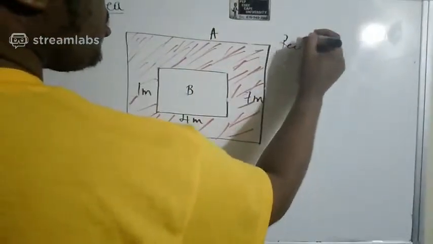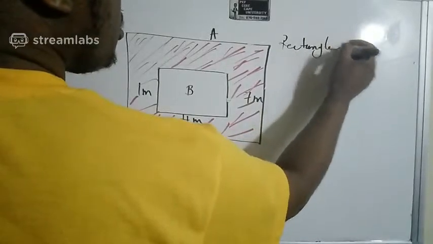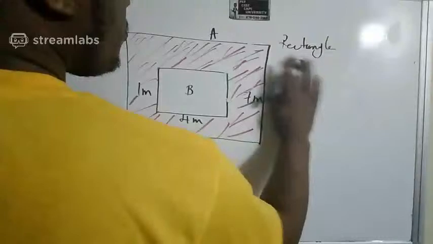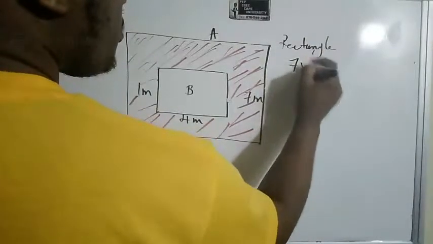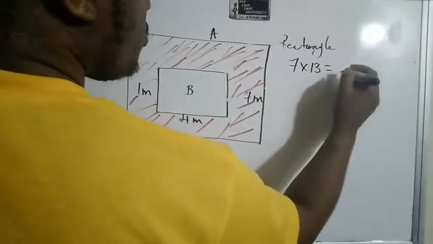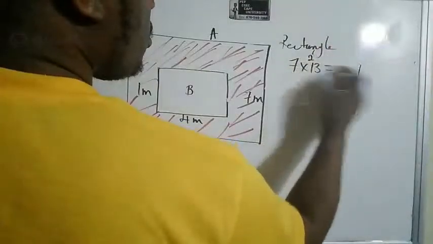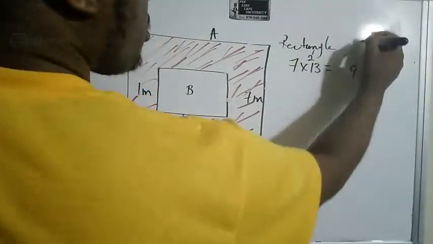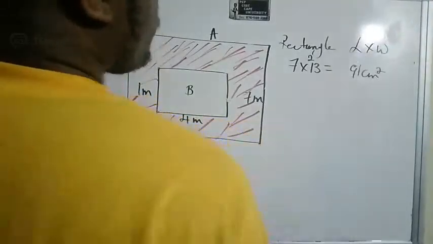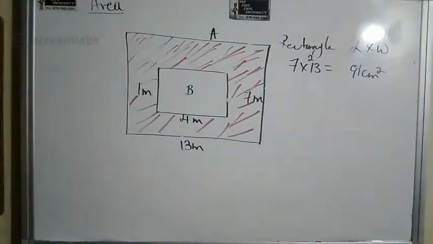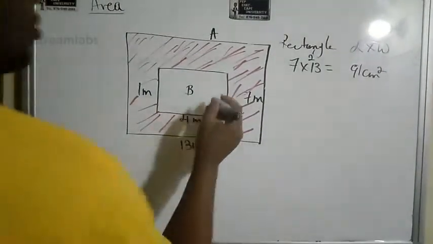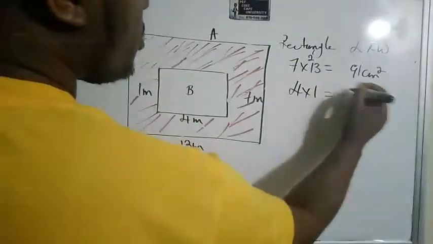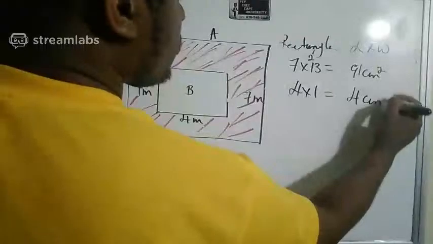So for rectangle A, let's find the area, and that is a big one, so it will be 7 times 13. 7 times 3 is 21, plus 70, so that's 91 centimeters square. Remember, a rectangle is length times width. Now we find the area of the small one, which is 4 by 1. Oh, it's easy. So 4 by 1 is 4 centimeters square.